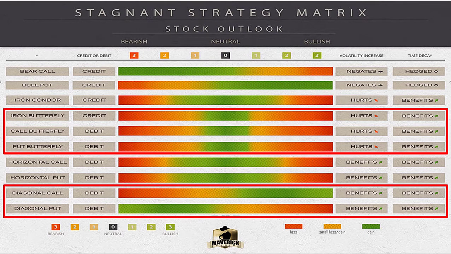So if we take a look here, we've got our butterflies: call butterfly, put butterfly, iron butterfly. Now we don't have the broken wing butterfly on these setup sheets. So if I was to go in and shade these and say, okay, well let's make these more correct, then basically with the green part, if it's a bullish strategy, the green part's going to get much more green here in this +1 area, and then it's going to get less green going forward.